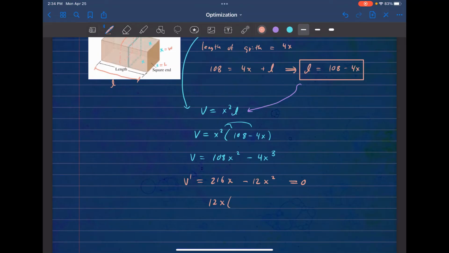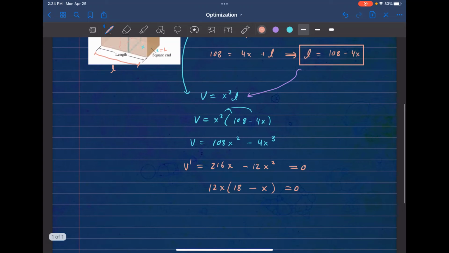So then 12x times 18 minus x is equal to 0. So if you set them to 0, you get x equals 0 and x equals 18 inches. But of course, we don't want to use x equals 0 because having length equal 0 doesn't make sense. It means this is the only critical number we have.